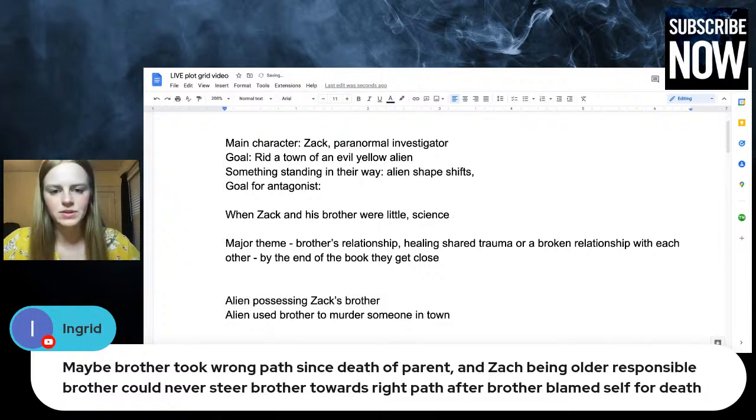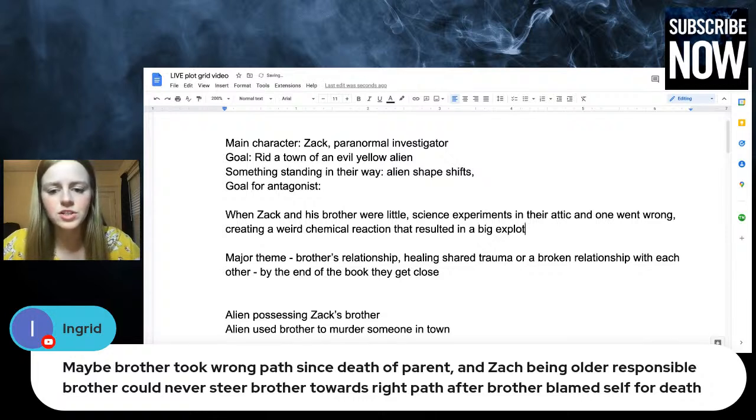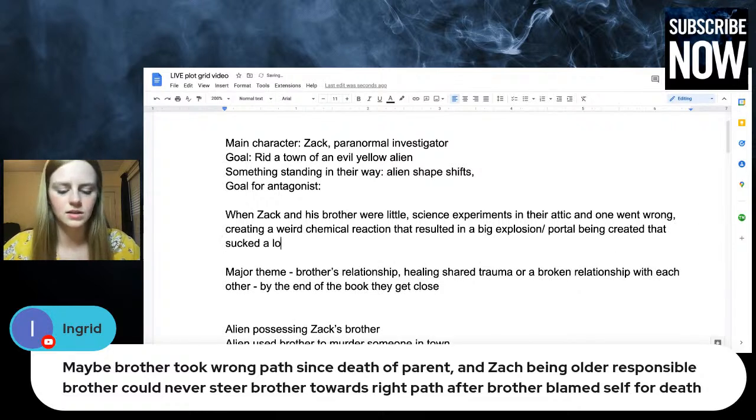They can maybe do science experiments in their attic or something, and one went wrong, creating a weird chemical reaction that resulted maybe in a big explosion or a portal being created that sucked a loved one through.